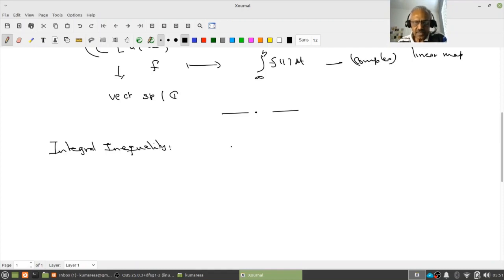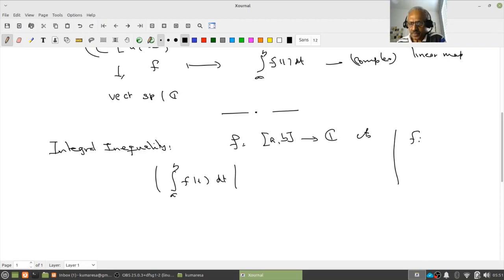So what does it say? Suppose f from [a, b] to C is continuous, then I know the integral from a to b of f(t) dt is a complex number, right? Then I want to estimate this in modulus. Remember, in the case of f from [a, b] to R, you had already done that.